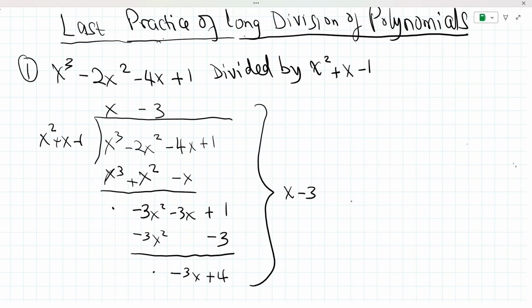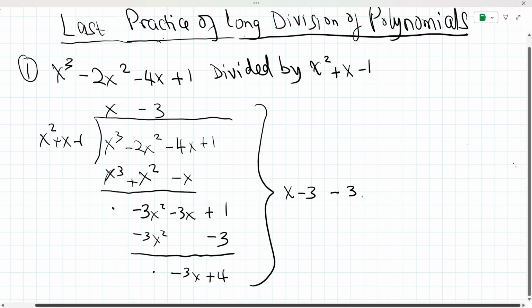And then we can say the remainder, which should be written as minus 3x plus 4, and all this is over our divisor, which is x squared plus x minus 1.